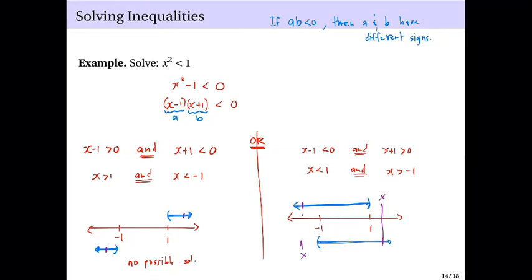On the other hand, if I get my x somewhere here, I have that x somewhere here. Which means if we combine them, the solution that we want, graphically, is this: everything between negative 1 and positive 1.